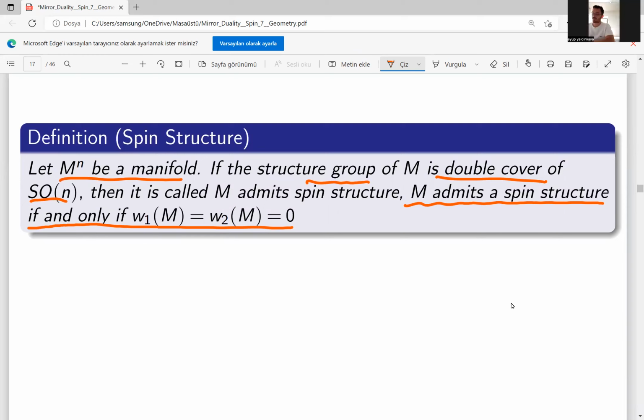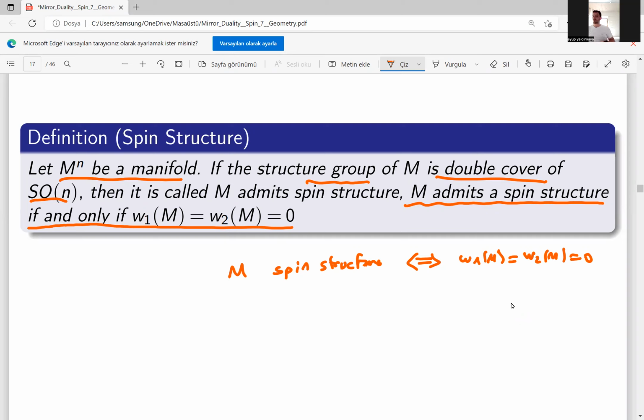You can show that if M has a spin structure on a tangent bundle, actually, w1(M) and w2(M) equal 0. So if w1 equals 0, this space is an orientable space, and also if w2 equals 0, we can say that our M has a spin structure.